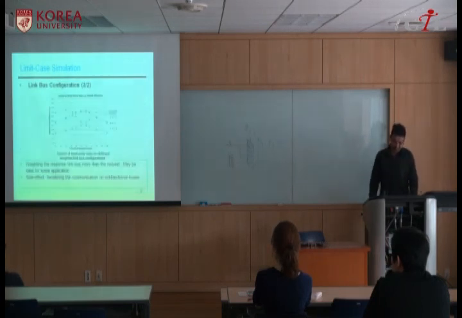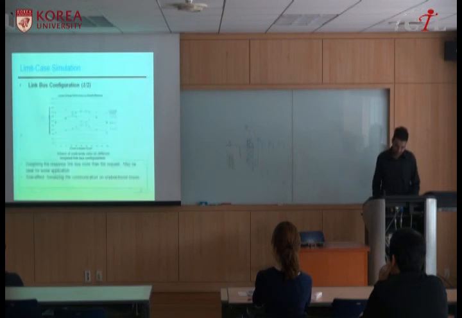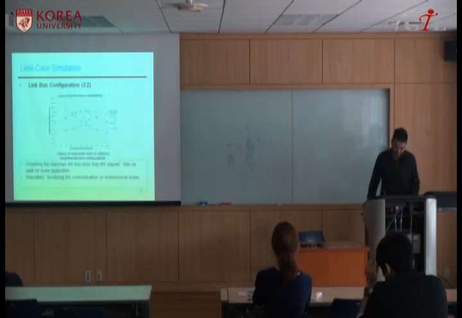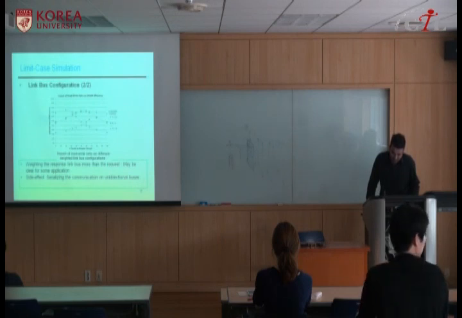What's this? This is the link bus. This is the bandwidth and this is the bus efficiency, for the link bus. Which one is good? 8 by 8, 4 by 12, request over response.